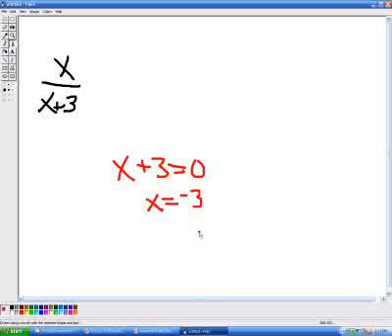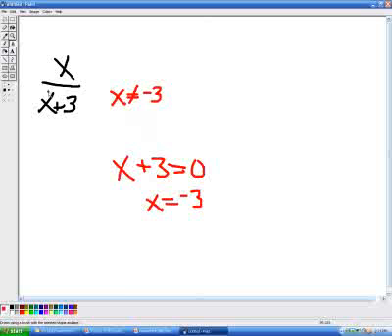So we want to say that x over x plus 3 is a rational expression, except when x is negative 3. So we want to say x cannot equal negative 3, and the equal sign with the line through it means not equal to.